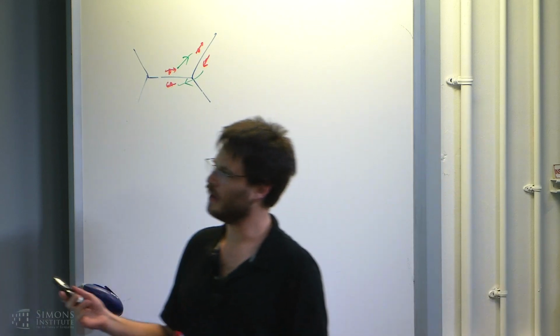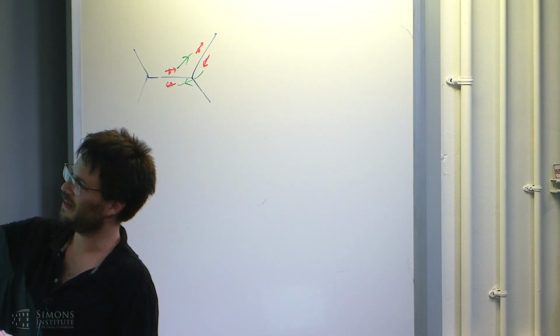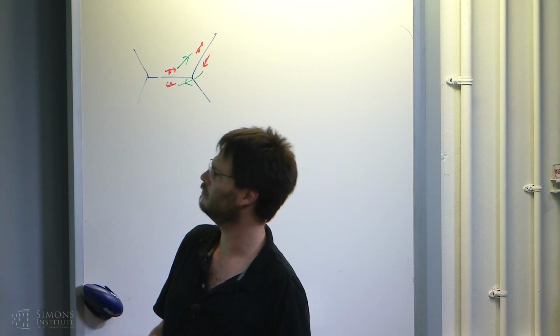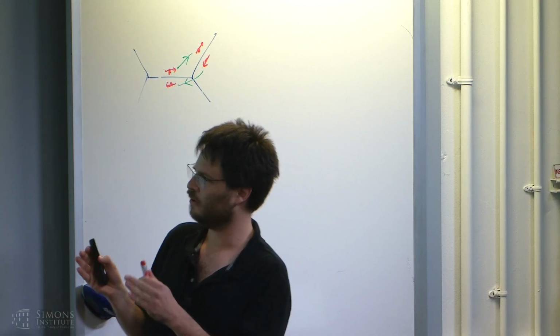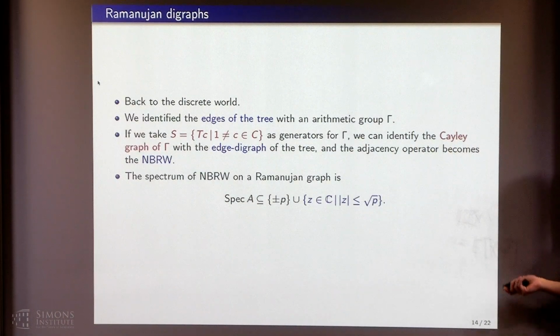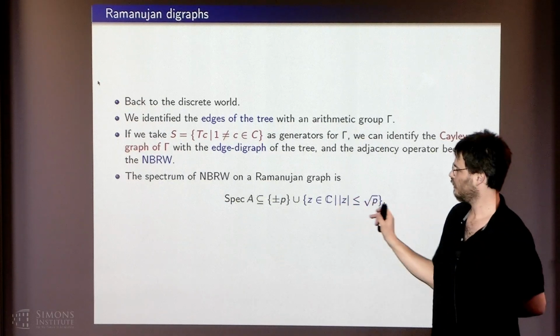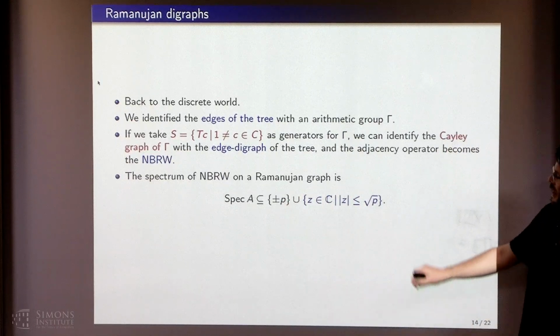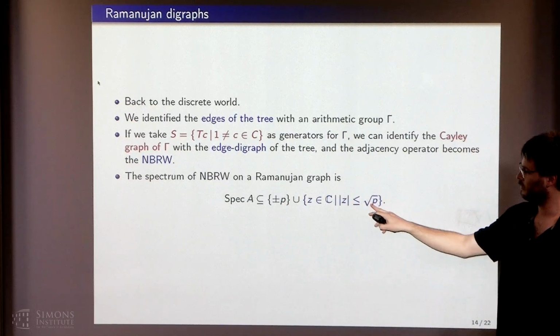And now I can describe the non-backtracking walk on the tree by an arithmetic group, by the adjacency operator in this group. So we have the spectrum of the non-backtracking random walk on a Ramanujan graph or on a K-regular tree, which is always inside this. So you have the trivial eigenvalues plus minus p, and everything else, like we said, is in absolute value smaller than the degree.